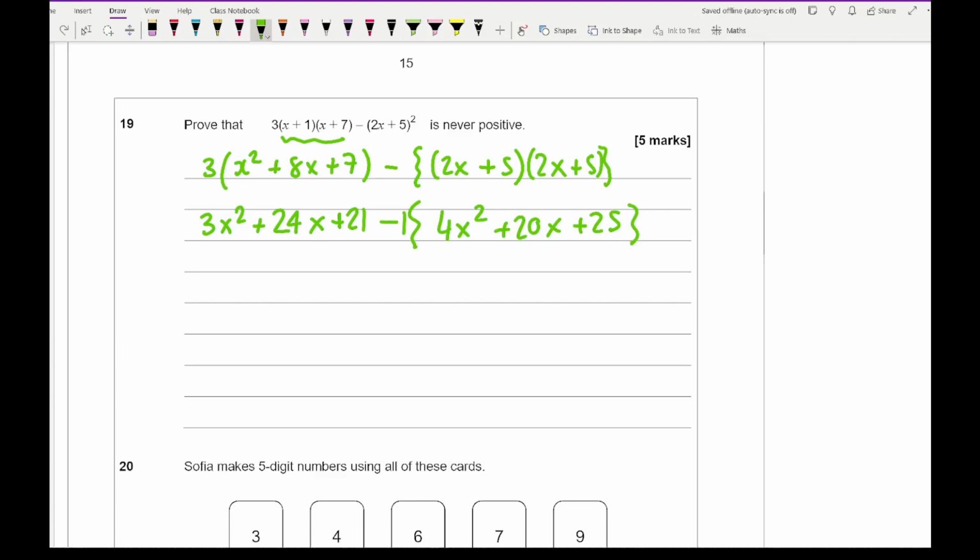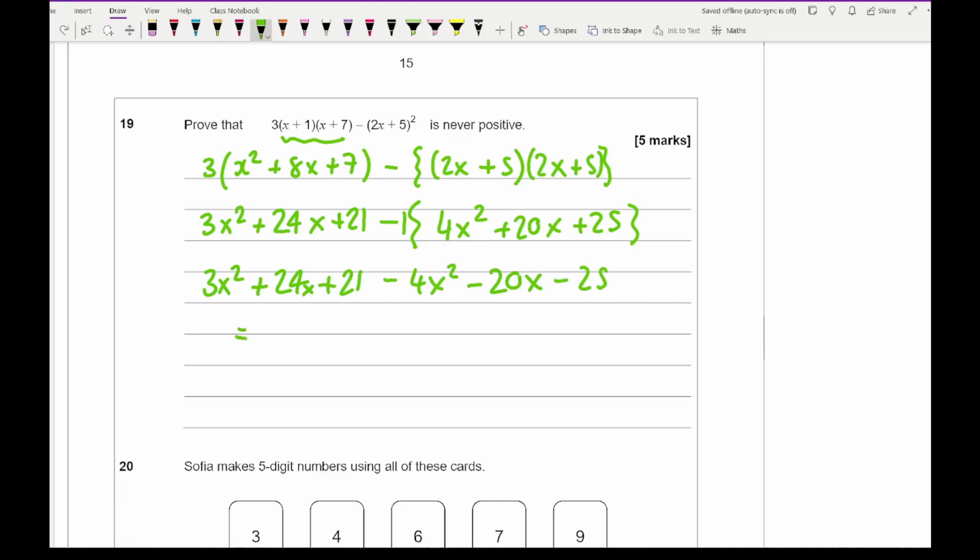Then remembering I've got a minus outside that bracket, I get 3x squared plus 24x plus 21 minus 4x squared minus 20x minus 25, because again that minus just changes the sign of everything underneath.